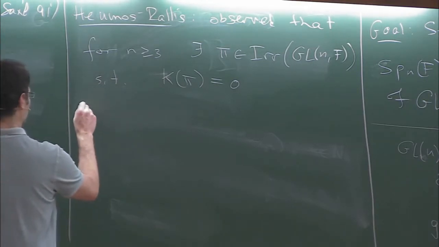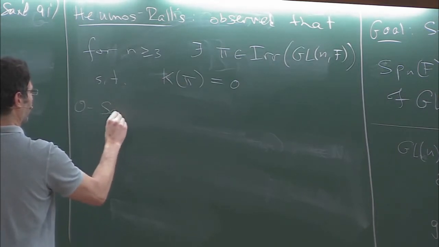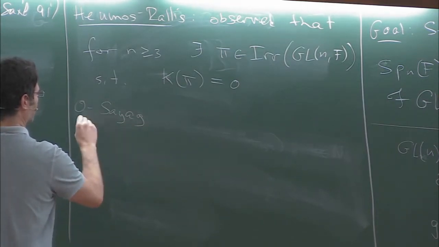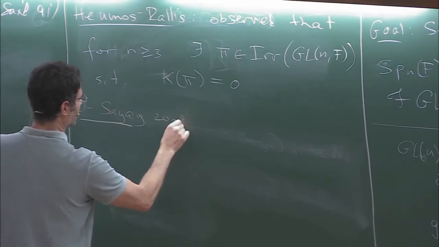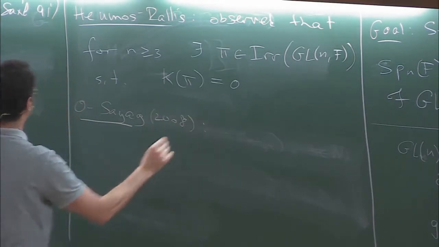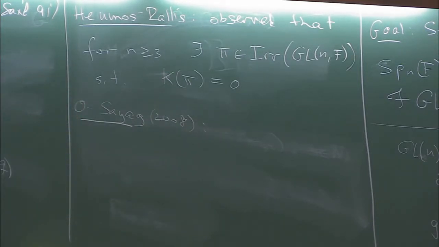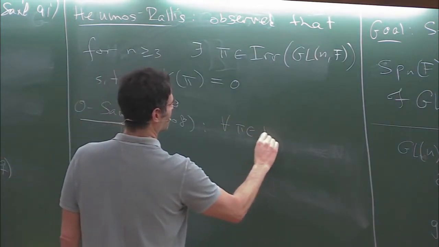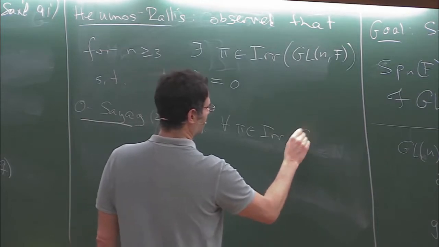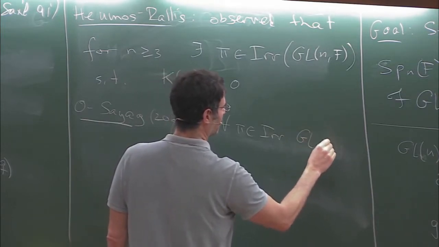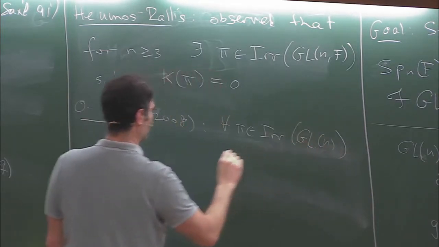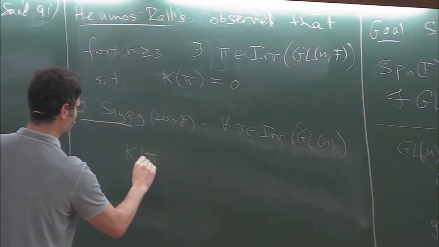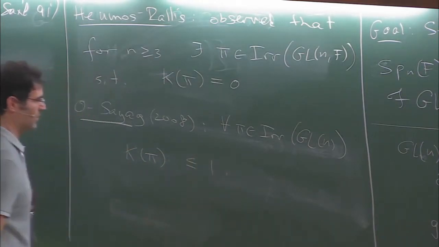So in 2008, we proved that part of this can still be saved. For every irreducible pi, the Klyachko multiplicity is at most 1.